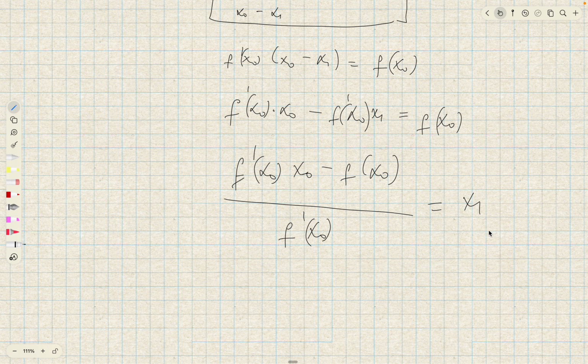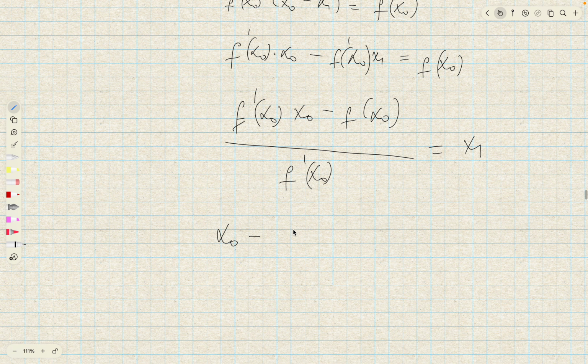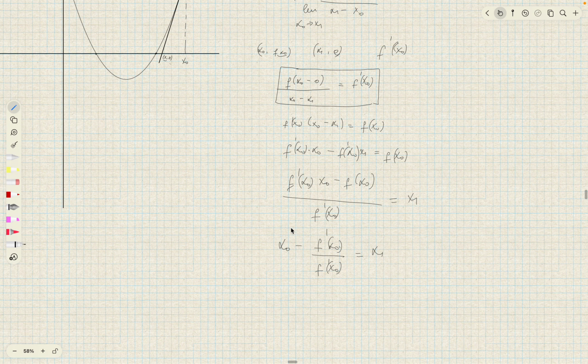And what we can do, we can divide these by the derivative at x0, then it will be x0 minus f(x0) over f'(x0) equals x1, right?